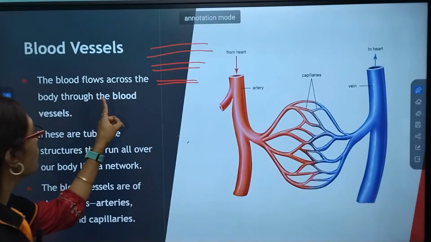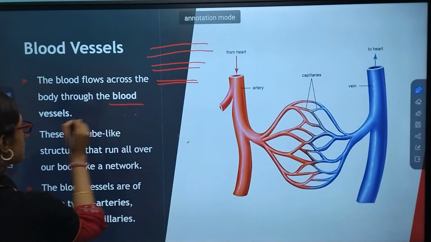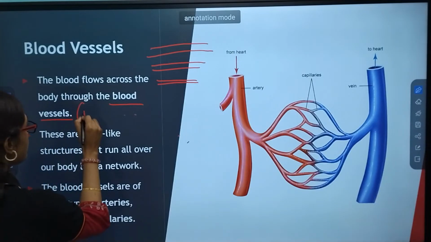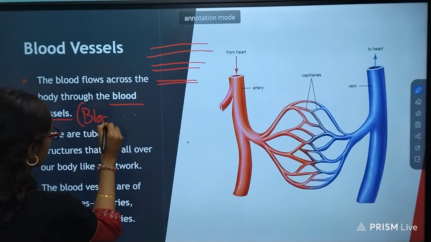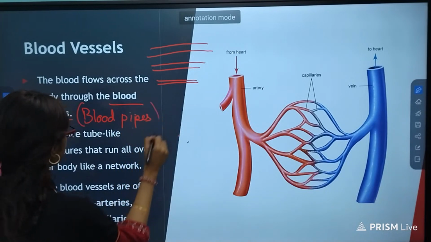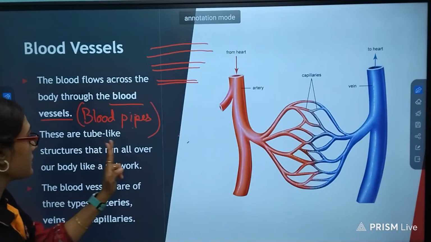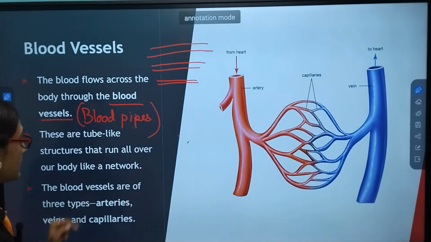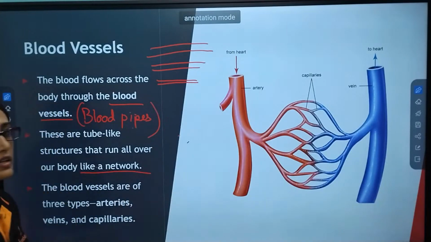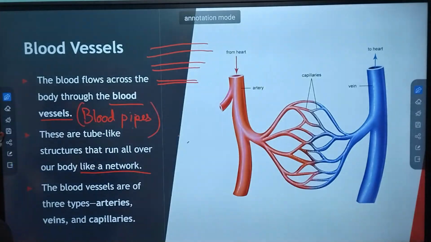The blood flows across the body through the blood vessels, which are the blood pipes. These are tube-like structures that run all over our body like a network. This also I have shown you in the previous class.